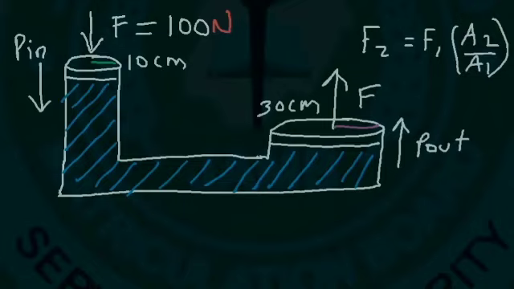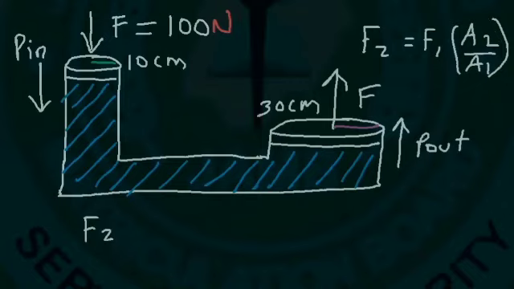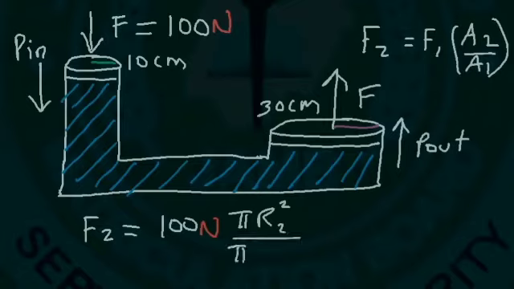What is the output force that's going to be exerted by this cylinder if we apply an input force of 100 newtons? So using this equation, F2 is equal to F1, which is 100 newtons, times A2, which is basically pi times the radius squared, over A1, which is pi r1 squared.